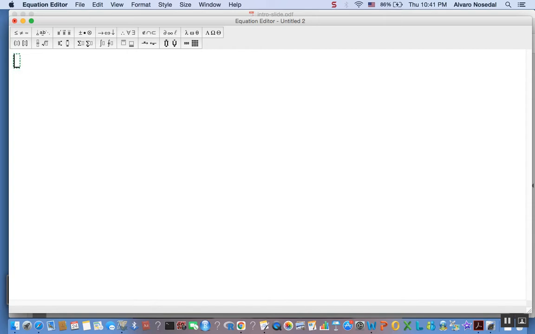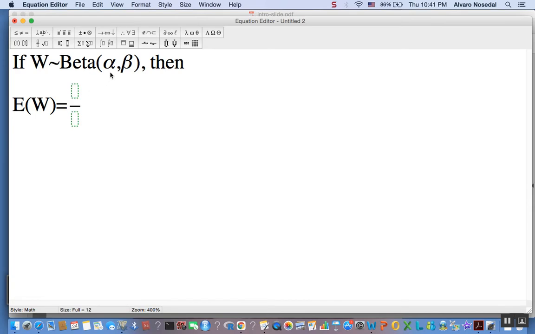If we have a random variable, let me call it W, that has a beta distribution with parameters alpha and beta, then the expected value of W is given by alpha divided by alpha plus beta.